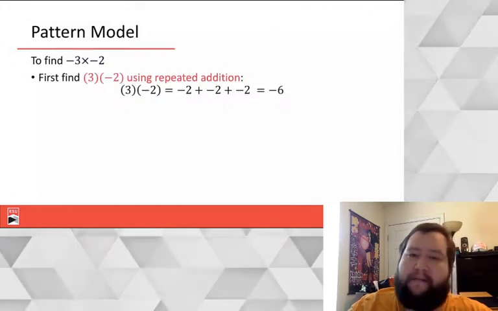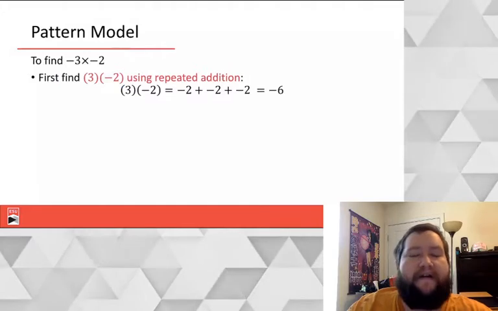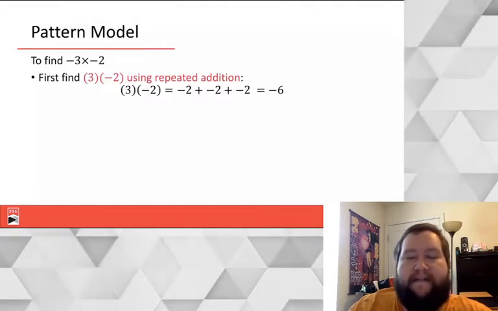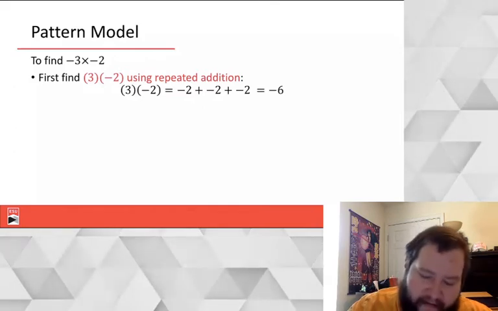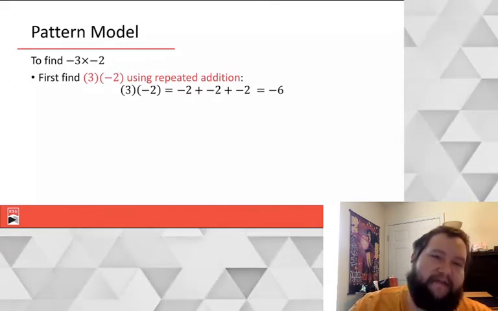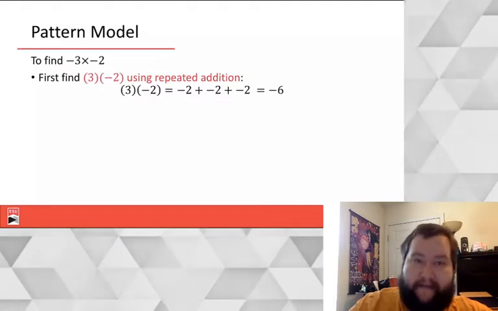But there is a pattern model, and I want you to see this because one of our standards for mathematical practice is make use of repeated reasoning and finding patterns. And so if we need to find -3 times -2, well, first, 3 times -2 is -6.